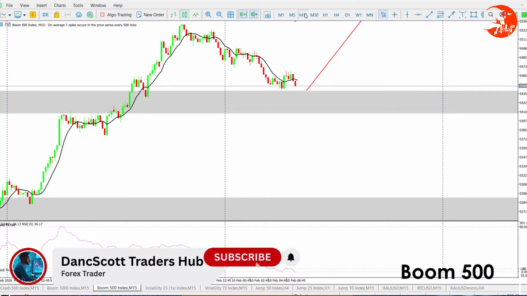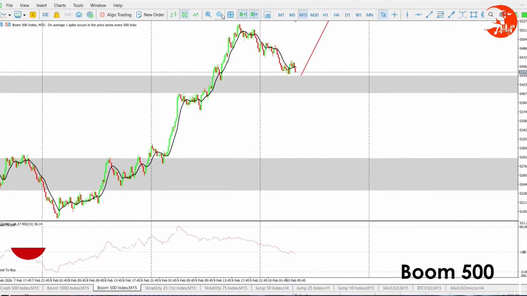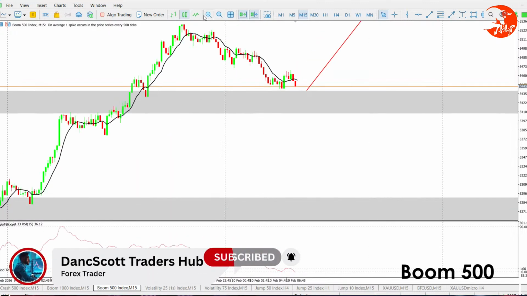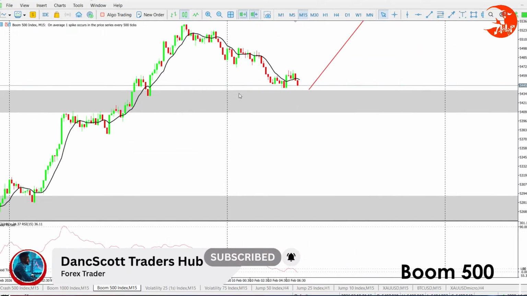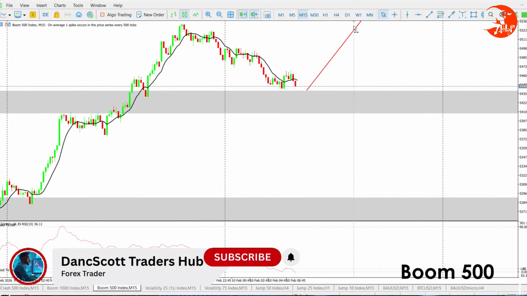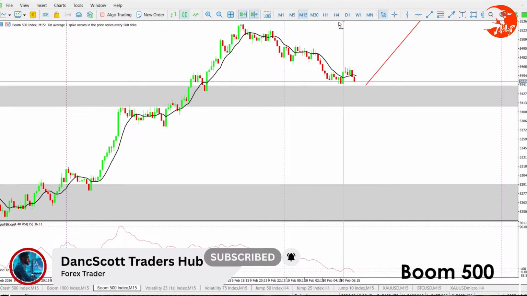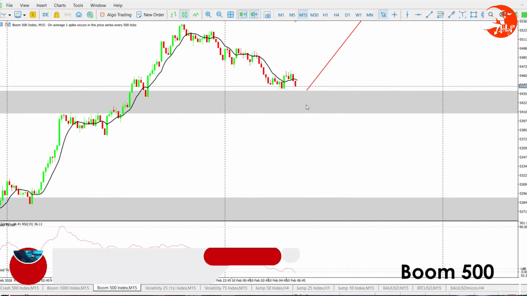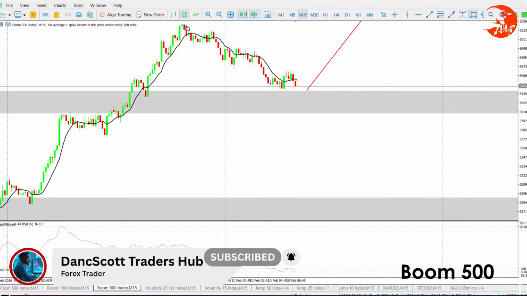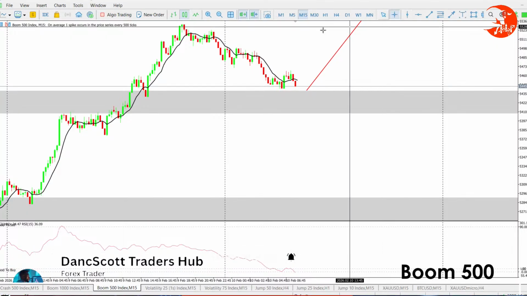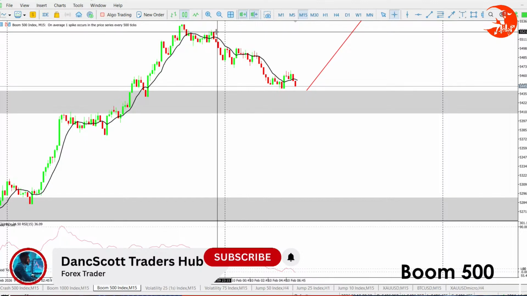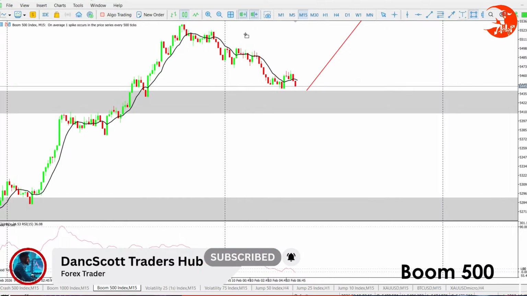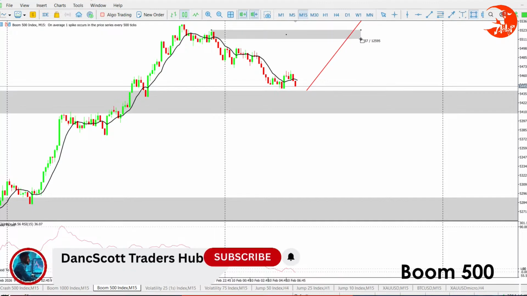M15 says yes, the buys are coming. But then I'll be looking at price reacting to this move only.